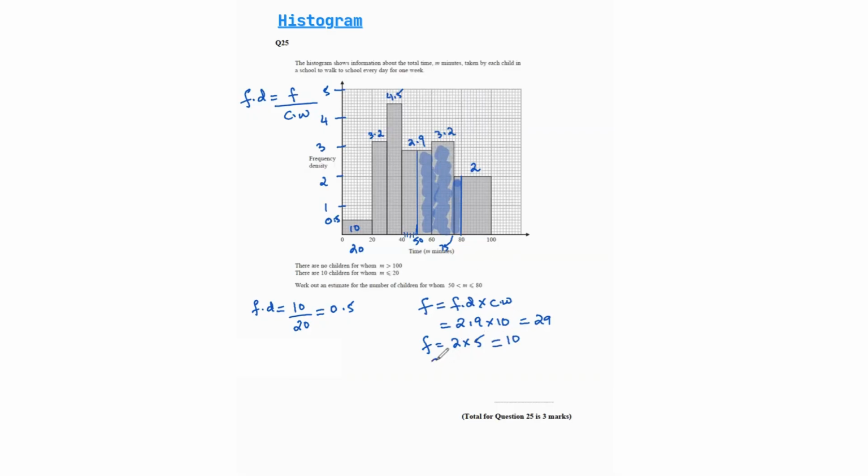And for this part, it's going to be 3.2 times 15, which is going to be 48. So total estimated children during this part is going to be 29 plus 10 plus 48, which is equal to 87.